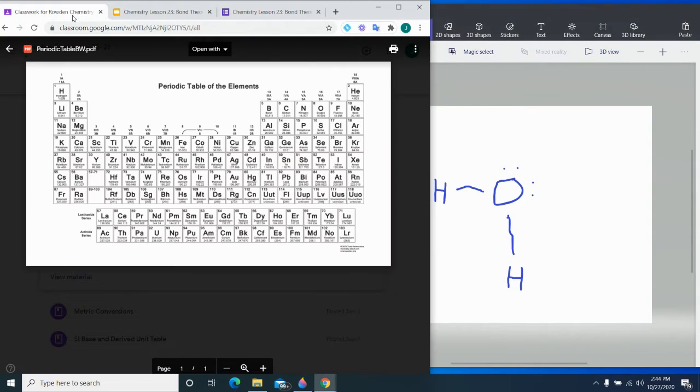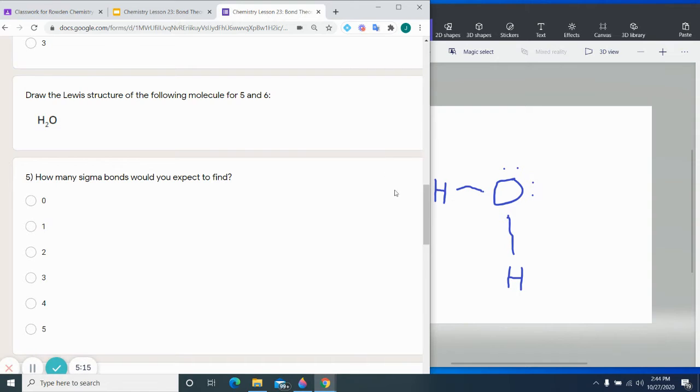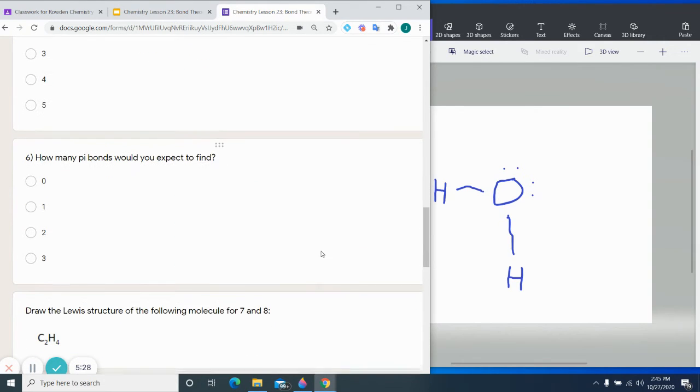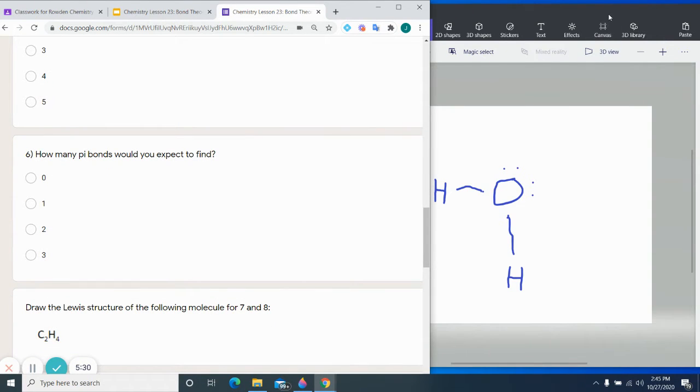Remember we looked right here: O has 6 and H has 1. H is the exception. The O is okay with only 2, and then O wants to get to 8. So these are happy. How many sigmas do you see there? 1, and then this isn't going to count as a pi because it's a new connection. So there's actually going to be 2 sigmas and 0 pi's. That's what we get with H2O.